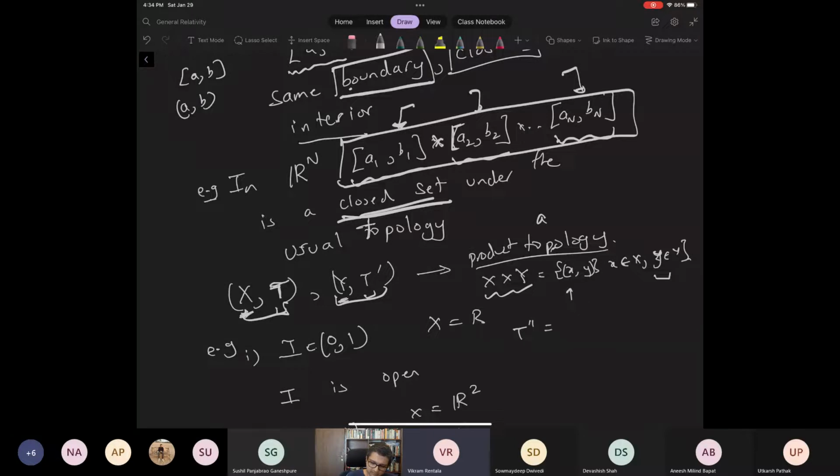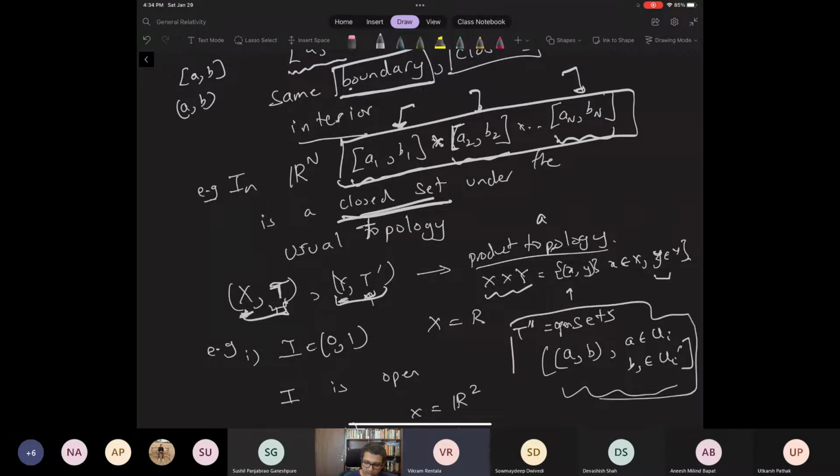Let's call it T double prime, and this T double prime would be open sets which contain elements (A, B), such that A belongs to some U_i which belongs to T, and B belongs to some U_i prime which belongs to T prime. And if you define your T double prime like this to be such open sets and their unions, then you would get a product topology.